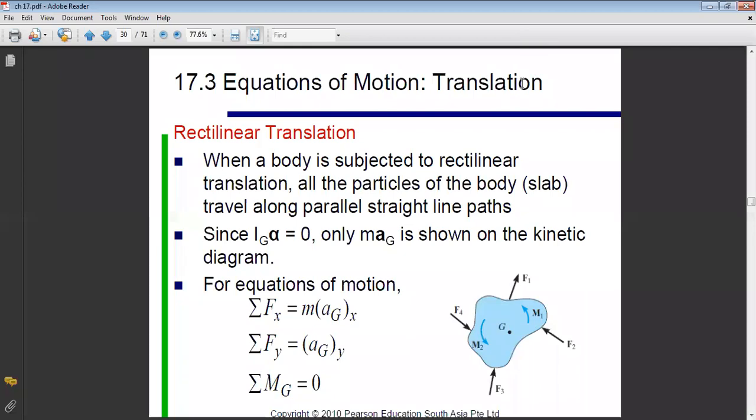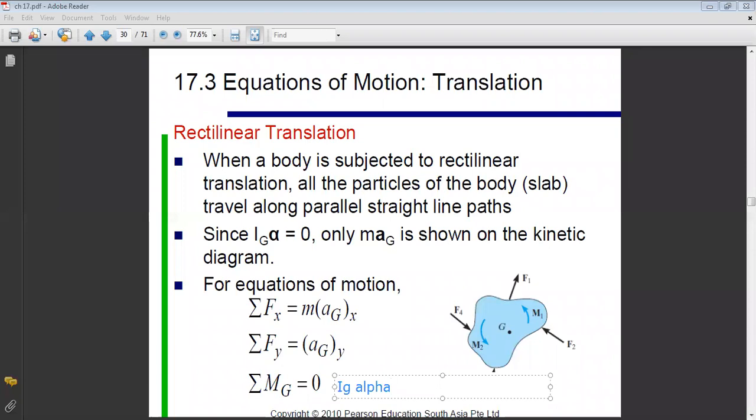So if we do sum of moments about G, it will give us 0, because sum of moment about G is IG times alpha, and in translation alpha is 0.